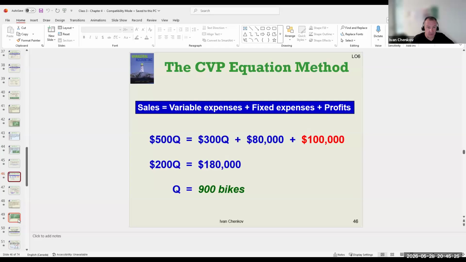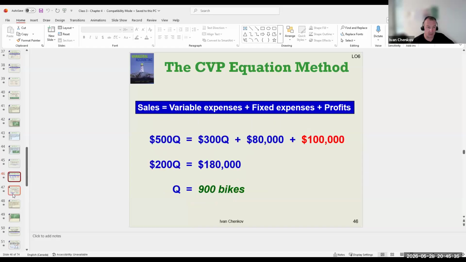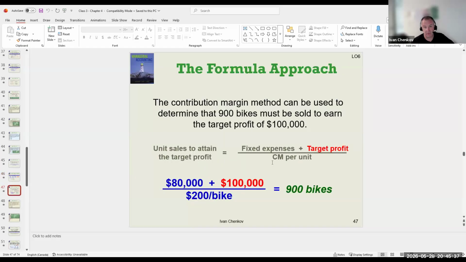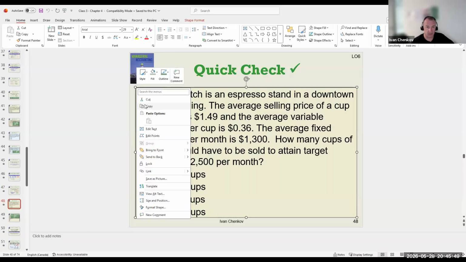Once we add it to the fixed cost and run the calculation, we can see how many units we need to sell. This is on the equation method. This is from the formula method. On the formula method, you add the target income to your numerator, and you're running the formula and getting the number of bikes.